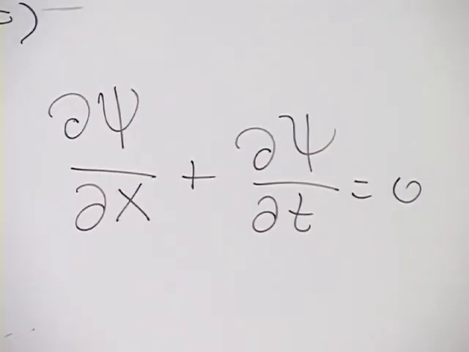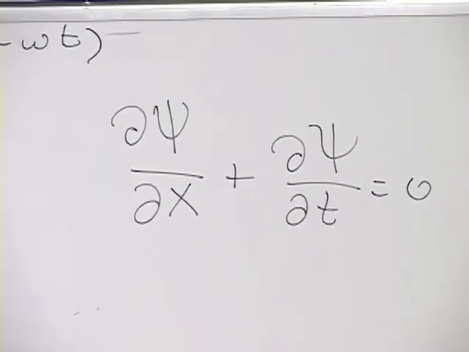This describes waves, and in fact it describes waves of this form here. Can you tell whether they're going to the left or the right? You think they're going to the right? You are right. Okay, so let's check.